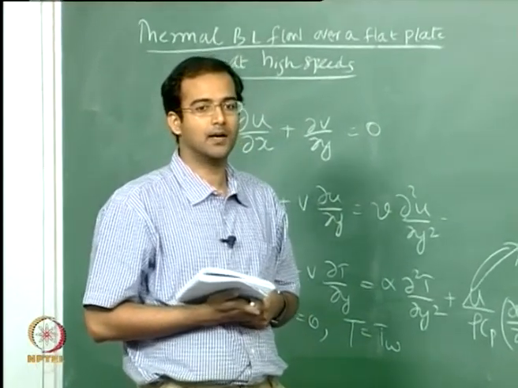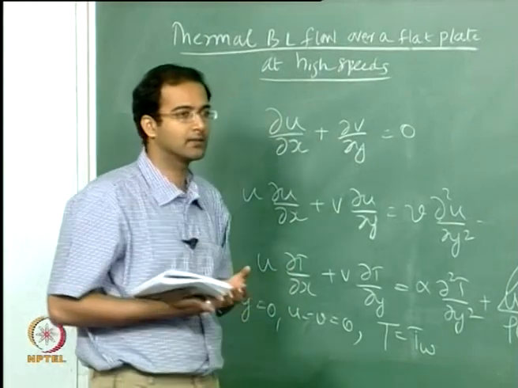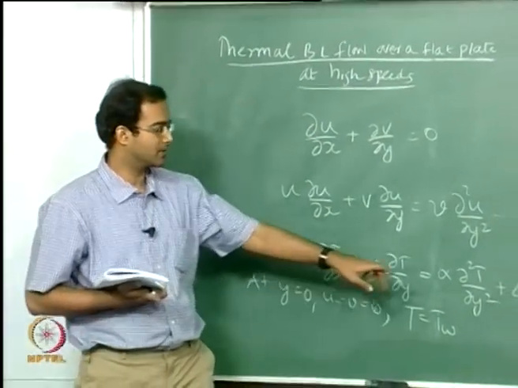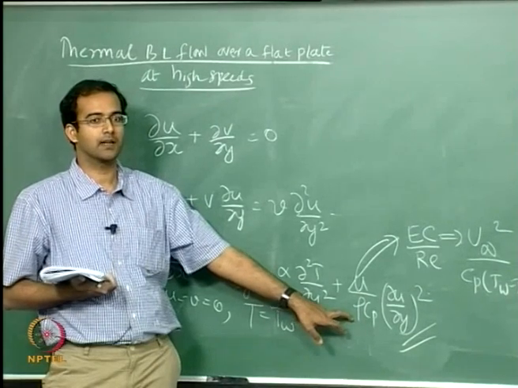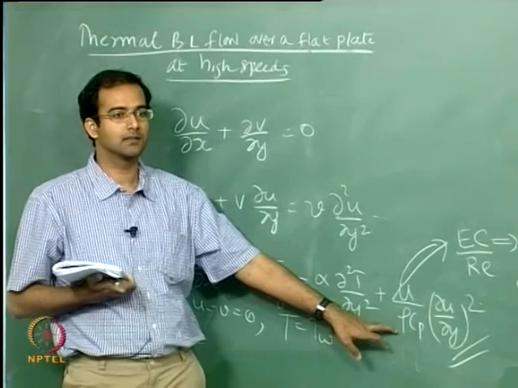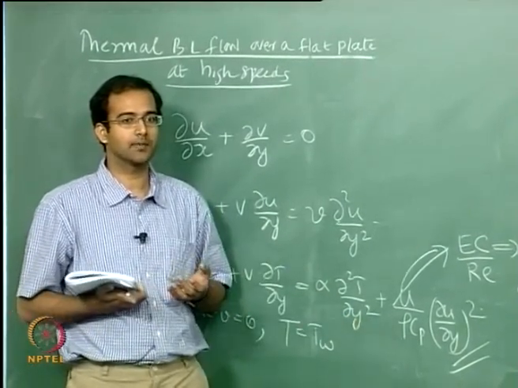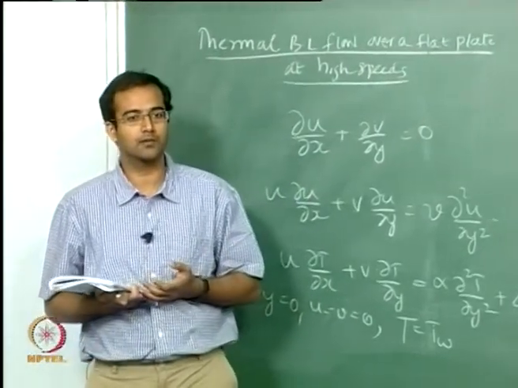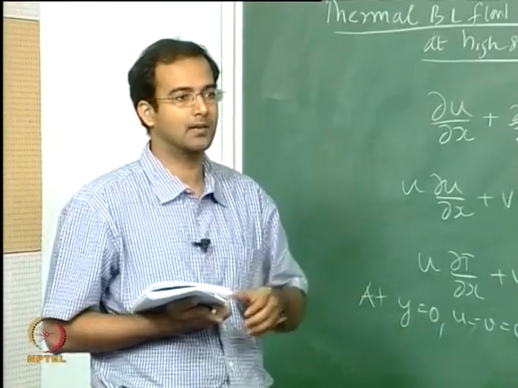I mean you are not allowing any heat transfer to take place at the wall, but internally the temperature will vary because of the viscous dissipation. You are understanding the fact? Your viscous dissipation is an internal generation of heat. You do not need to transfer heat externally, because your kinetic energy is dissipated into heat at the viscous level, at the molecular level.